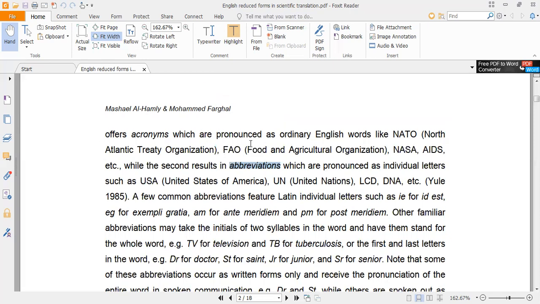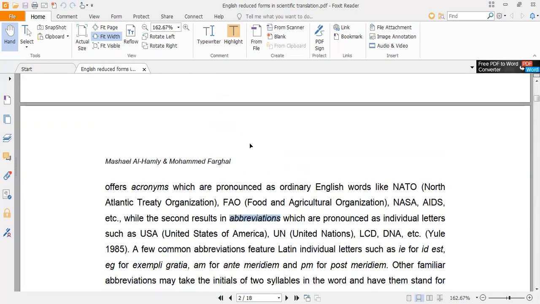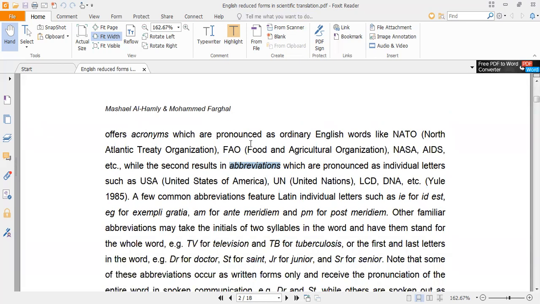So the difference between an acronym and an abbreviation: the process of forming acronyms and abbreviations is the same, taking the initial letter of every word in a phrase, but an acronym is pronounced by putting these letters together in a word, and we pronounce them as one lexical item. But abbreviations, we pronounce them as letters individually.